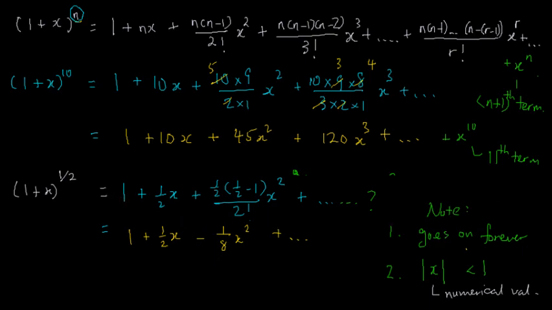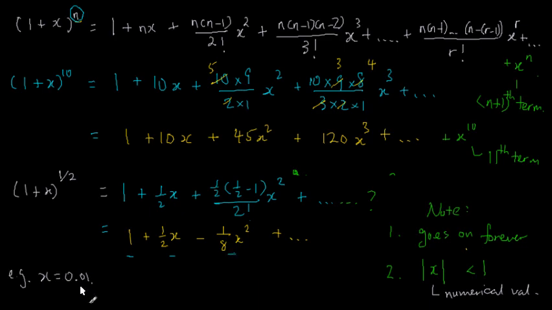But for now, let me just finish up this example by looking at what happens when x has a certain value. As an example, let's say x is equal to 0.01. If x is equal to 0.01, let me calculate what this answer is using just these three terms.